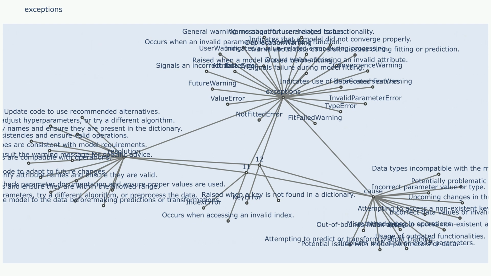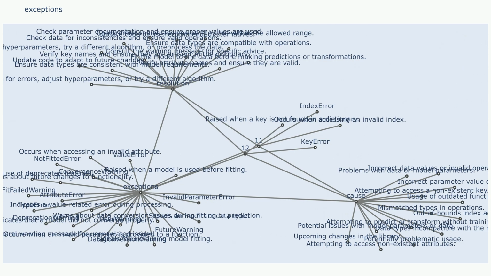AttributeError. Description: indicates trying to access an attribute that doesn't exist on an object. Causes: incorrectly referencing attributes of an object. Attempting to access attributes before they are created, e.g., accessing model weights before fitting the model.